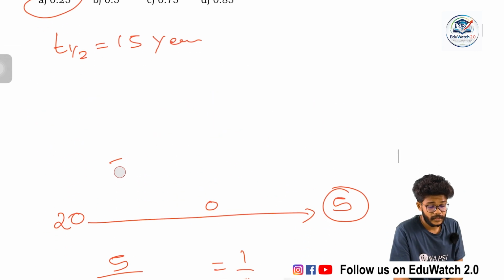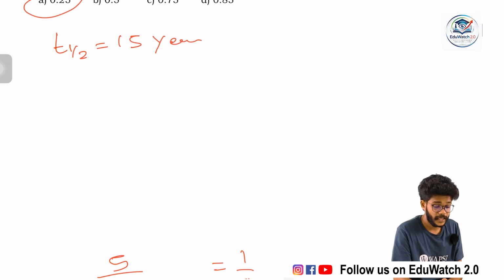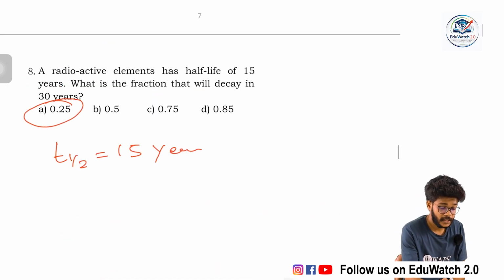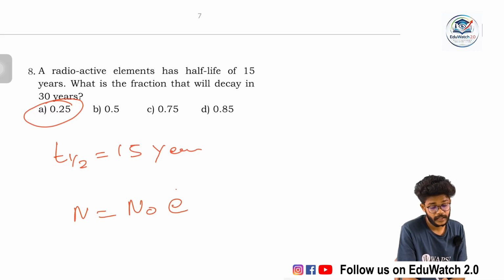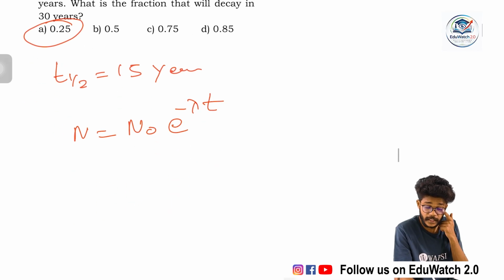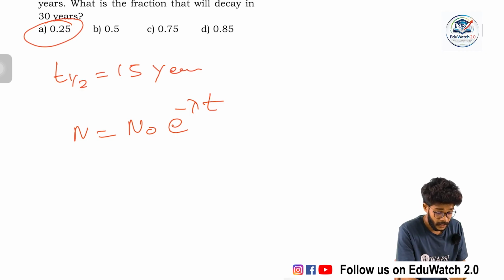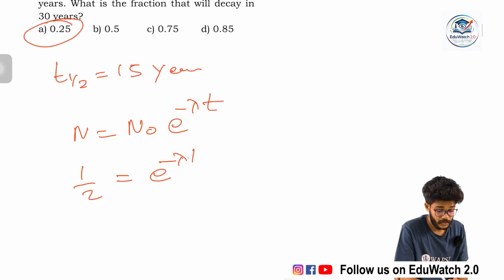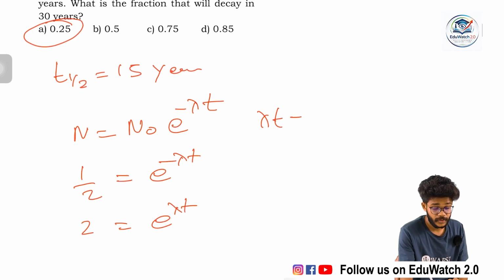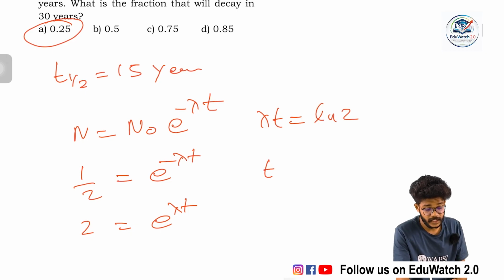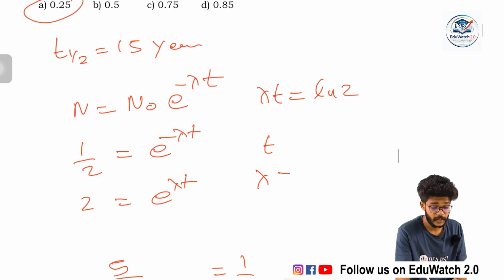Since T half is given, we can find the decay constant. N is equal to N0 e raised to minus lambda t, and at T half, N by N0 is 1 by 2, equal to e raised to minus lambda t. So 2 is equal to e raised to lambda t, so lambda t is equal to ln2. Here t is T half, that is 15 years, so lambda is equal to ln2 by 15.